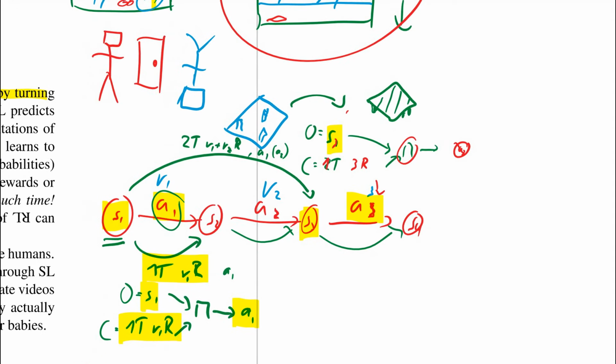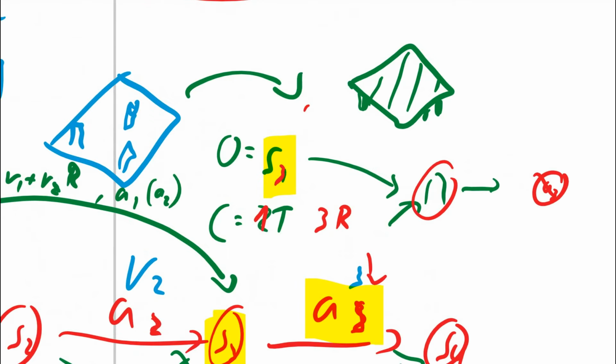So in essence, this has connections to things like hindsight experience replay and universal value functions, where you learn to go from any state to any other state, but none of these have this kind of command, what Schmidhuber calls command here, as an input to the model.